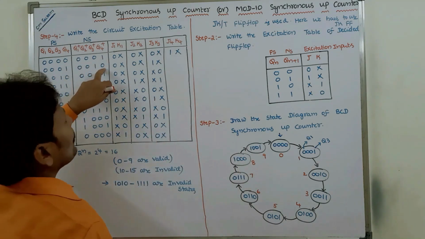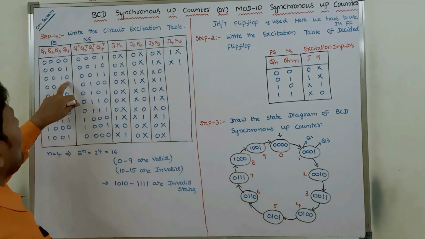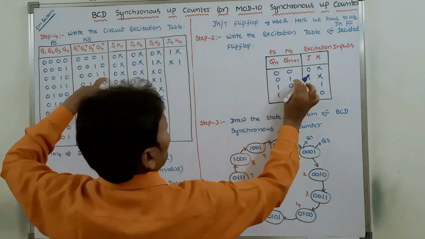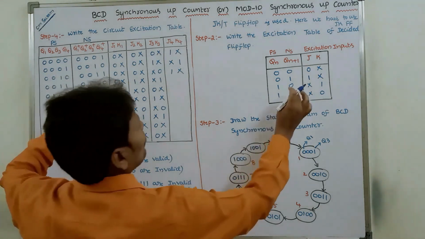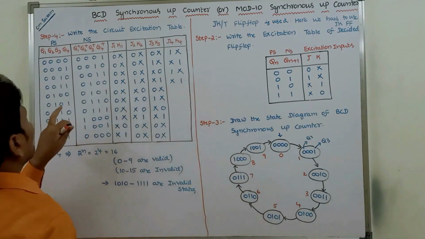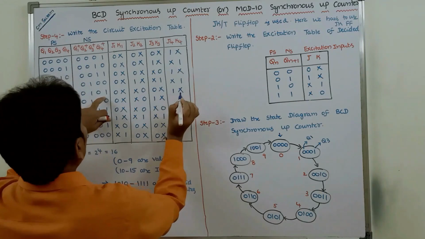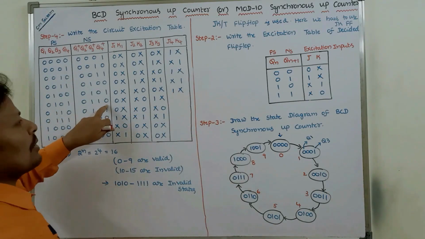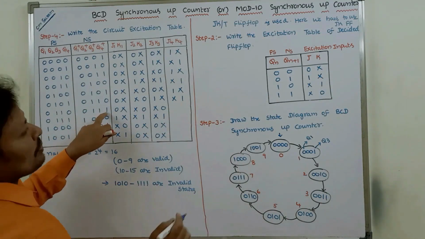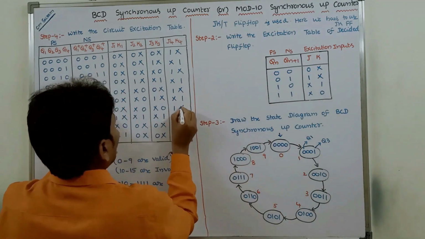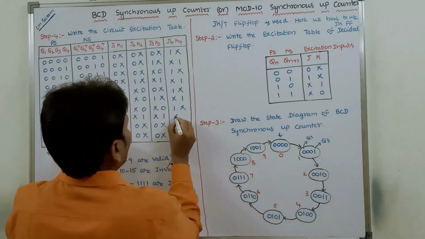Q4 value is 1, Q4 plus value is 0, don't care, 1. This alternation continues: Q4 0 to 1 gives 1, don't care, and Q4 1 to 0 gives don't care, 1.